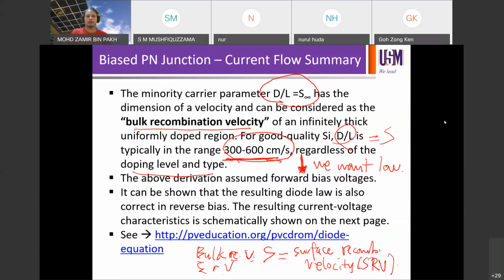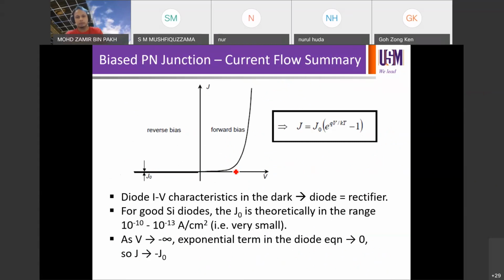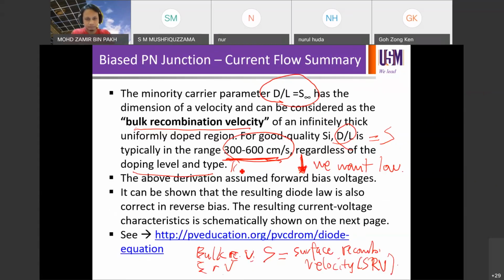So if you compare 300 to 600 centimeter per second with, for example, 10,000 centimeter per second, which one is better? Which one can be found in a better material? The one with 300 or the one with 10,000 centimeter per second?